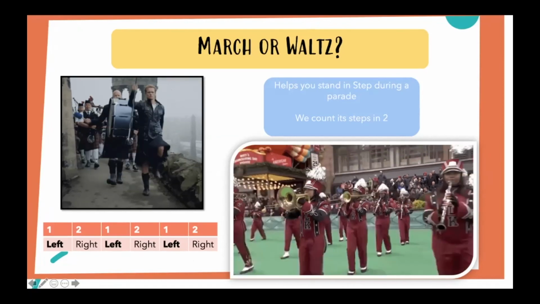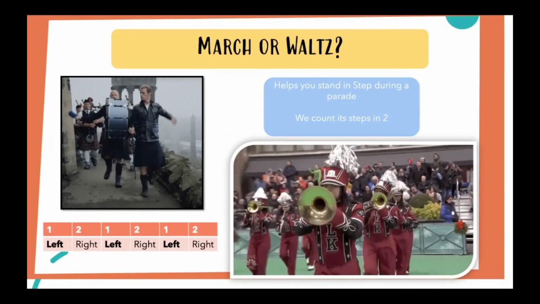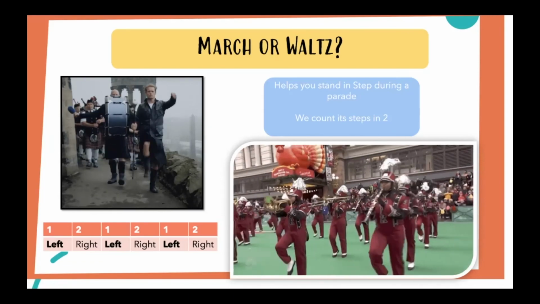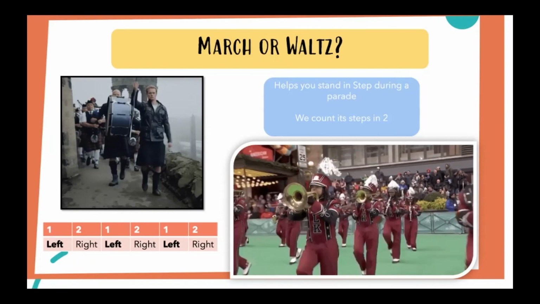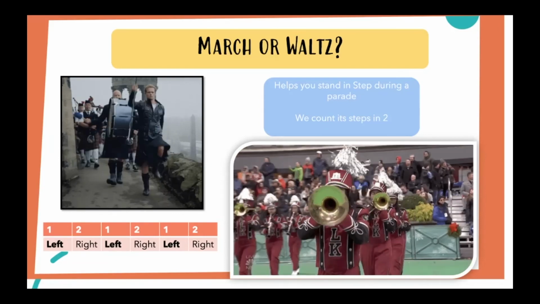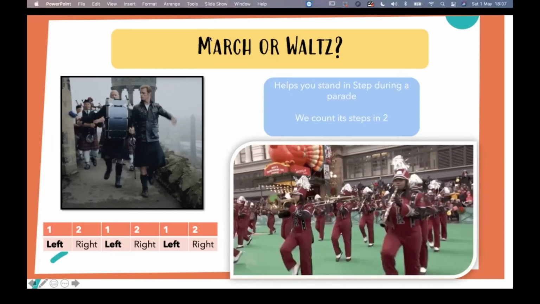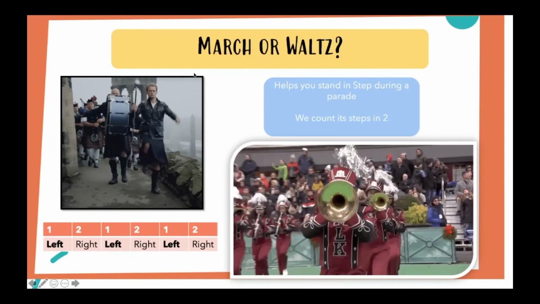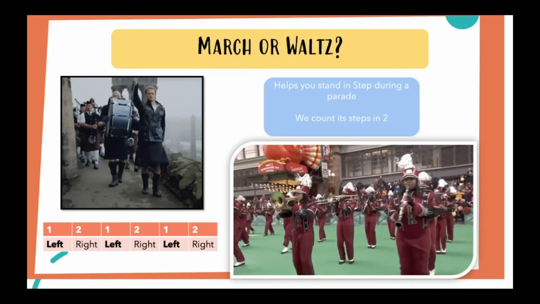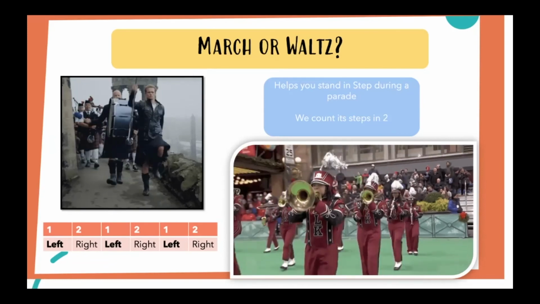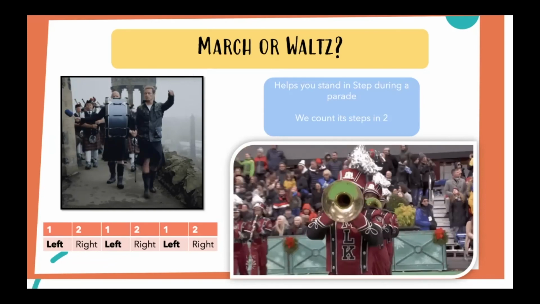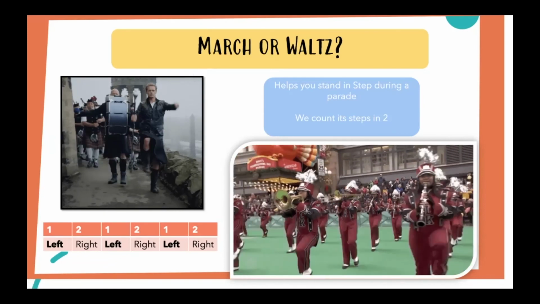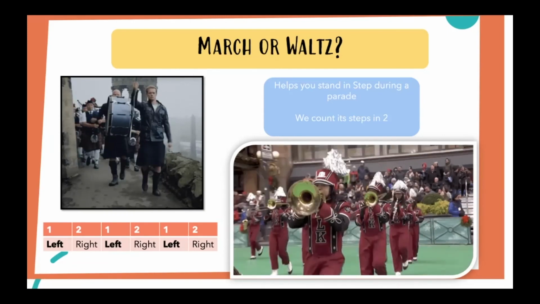If we convert this into music, it would be 1, 2, 1, 2, 1, 2. So a march has this feeling of 1, 2, 1, 2, because we have these steps to walk. So that's basically a march.